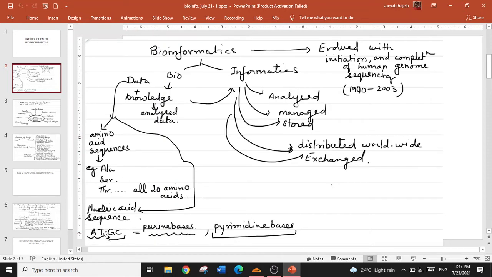Now nucleic acid is made up of purine and pyrimidine bases. Adenine and guanine are purine bases, and thymine and cytosine are pyrimidine bases. Actually, these nucleic acids are made of nitrogenous bases. Each of these nitrogenous bases is linked with a pentose sugar, and this contains a phosphate group also.